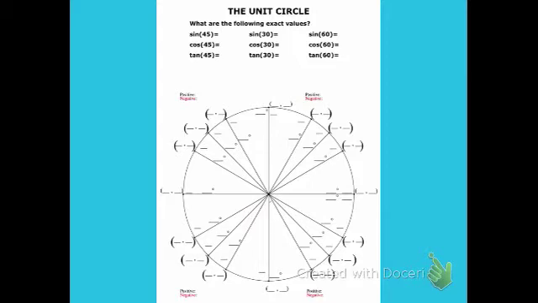So we're going to start off by doing what we did in the warm-up and basically filling in our multiples of 30 and 45. So let's take a look at the circle and see if we can split this into quarters. So we've got each quadrant that we're going to split in half. So that's a 45 right there. Of course, the 90. And then we split the second quadrant in half.